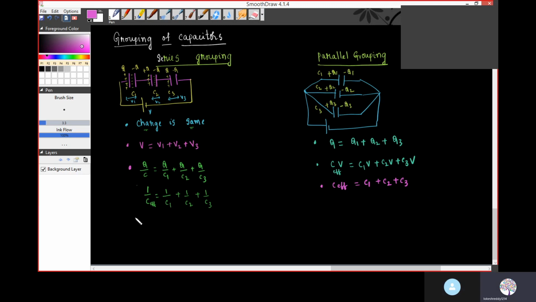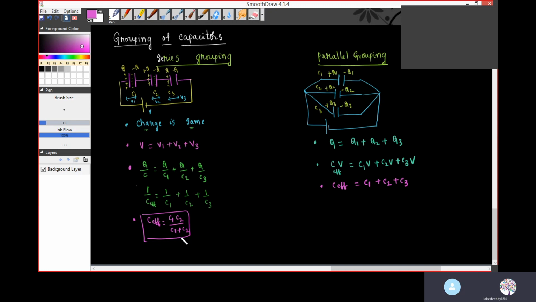Now here I will write: if only two are there, C effective is equal to C1 C2 by C1 plus C2. If three are there, then C1 C2 C3 by C1 C2 plus C2 C3 plus C3 C1.